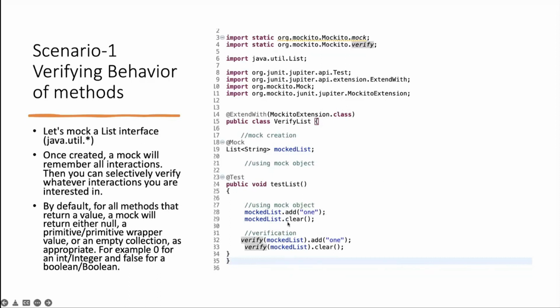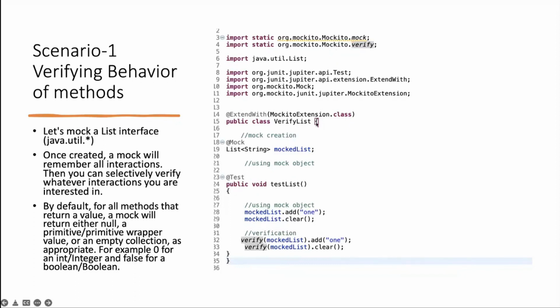See how to verify behavior. You can verify behavior by using verify, which is again a static method provided in org.mockito.Mockito.verify, right? So if someone asks you to verify whether a particular mock method has been called or not, that's what you have to use.